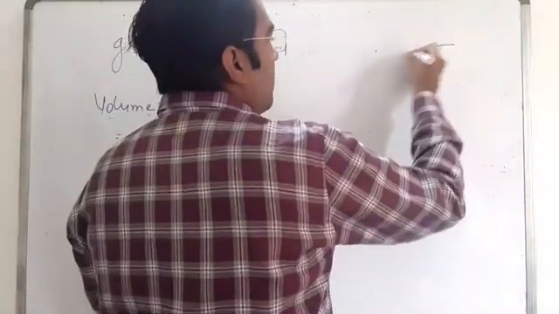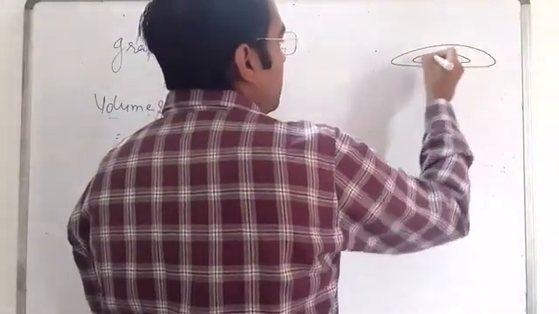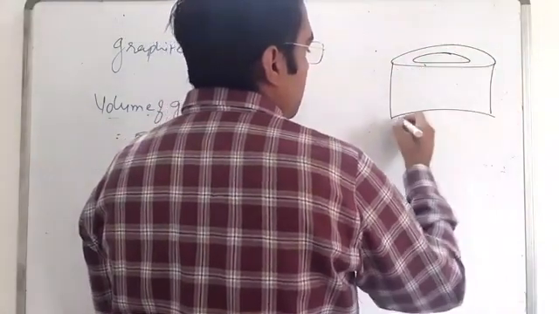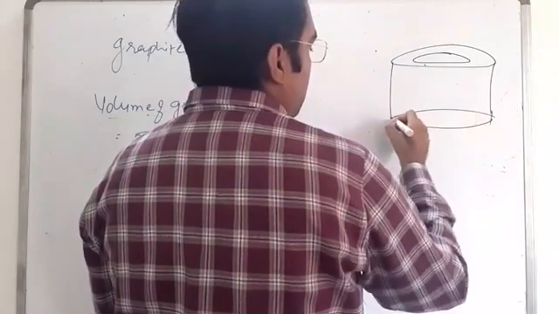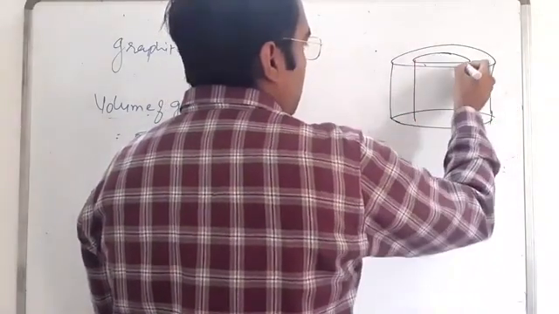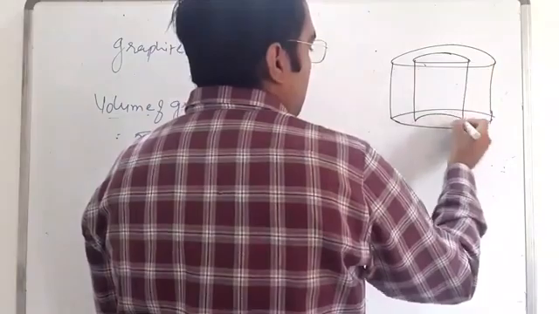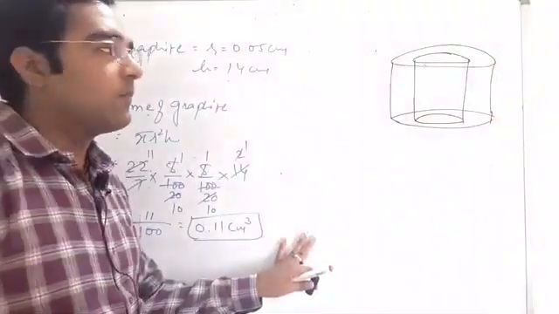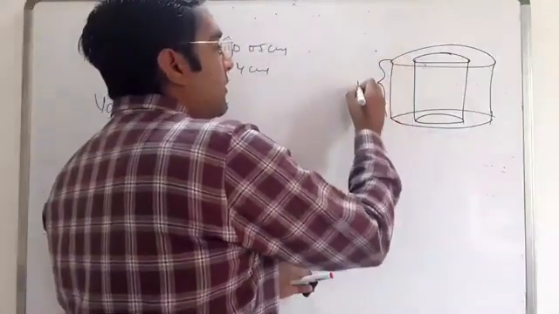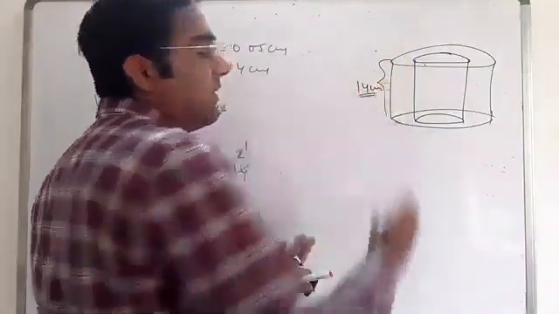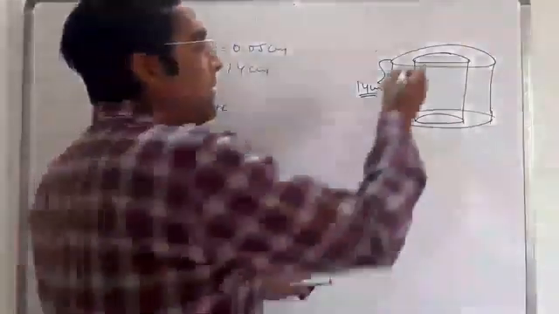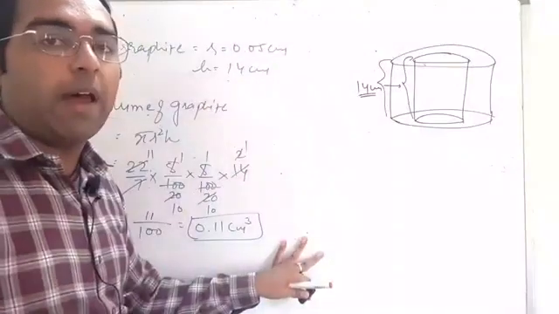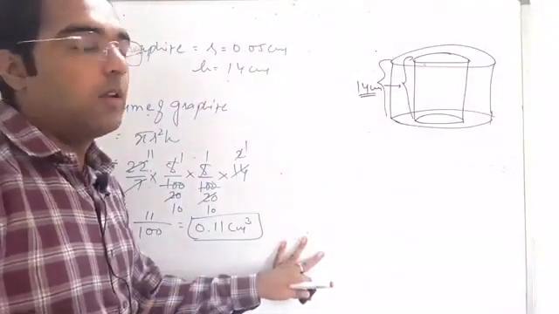So my figure is this. As we know, the 14 centimeter height of the pencil must be equal to the height of the graphite also, so the height for both of them is equal.